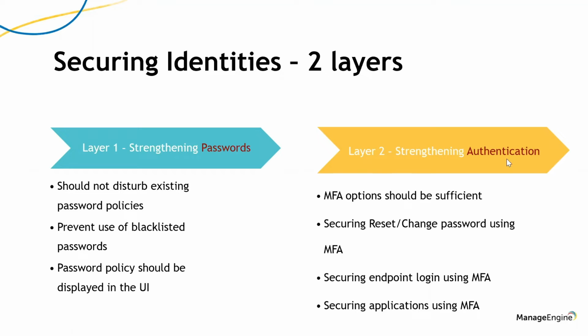Number two is strengthening multi-factor authentication. You will have to have at least 10 different multi-factor options to pick and choose from, such as TOTPs and security questions and answers. Not just that.